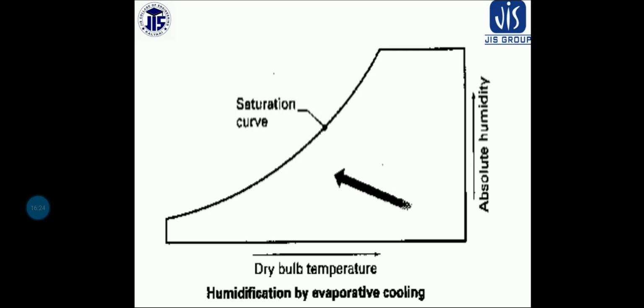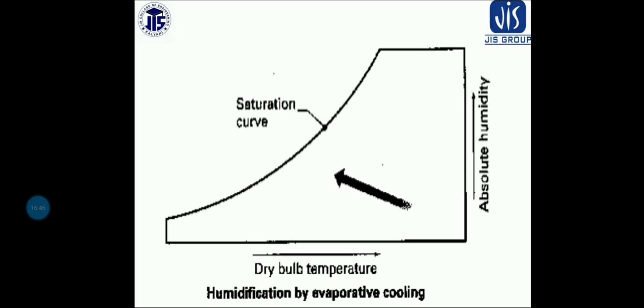As the evaporation takes place, both the air and water are cooled. The process continues until the energy transferred from the air to the water is equal to the energy required to vaporize the water.